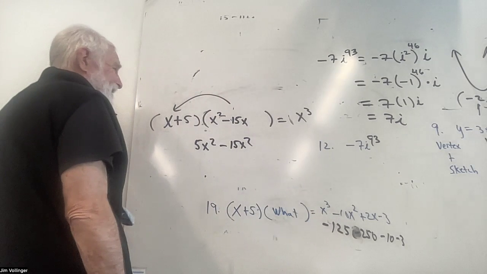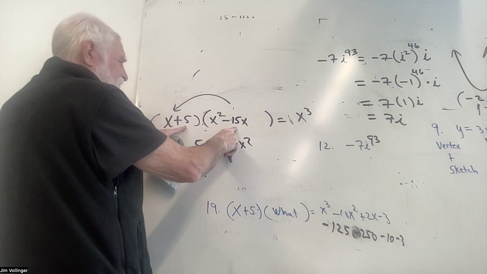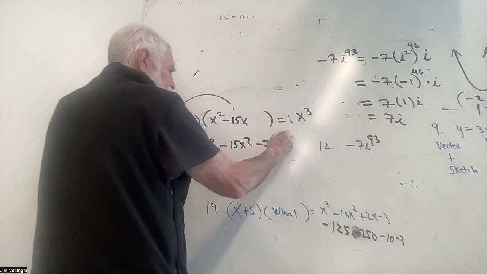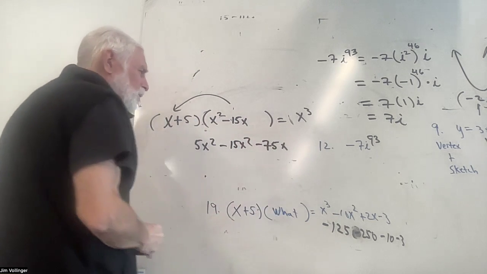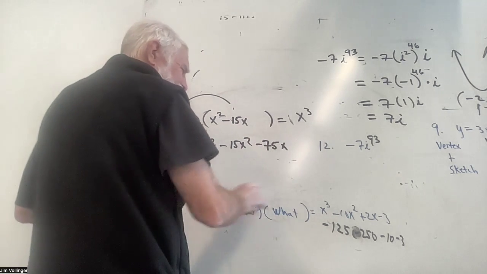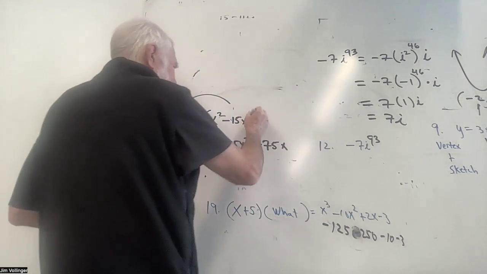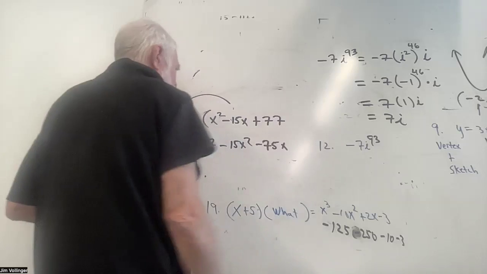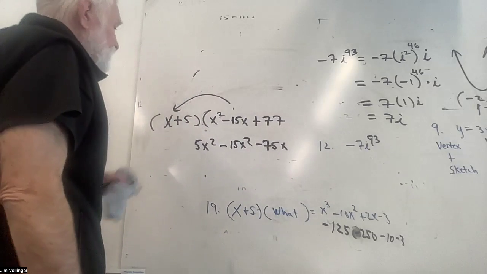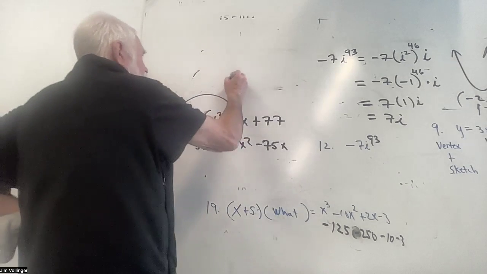Now I got 2x. But right now I have minus 75x. And if I want minus 2x, then I better go up 77. That sure as heck has nothing to do with that. So I have to go up 77. Boy, am I tired. I see, 77 times 5. I haven't done that yet. 350, 385.